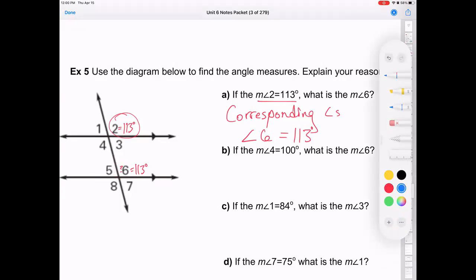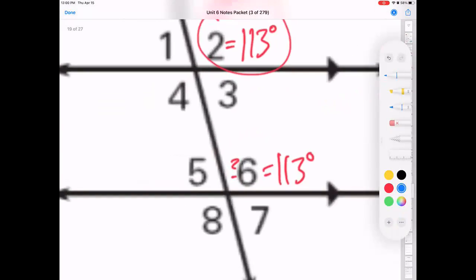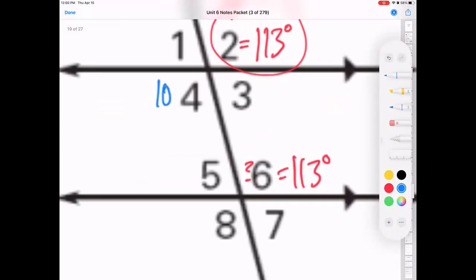If it says angle 4 is 100 degrees, what is angle 6? Angle 4 in this situation is 100 degrees, and now it's looking for angle 6 based on that information. First, we ask ourselves, what kind of angles are 4 and 6?